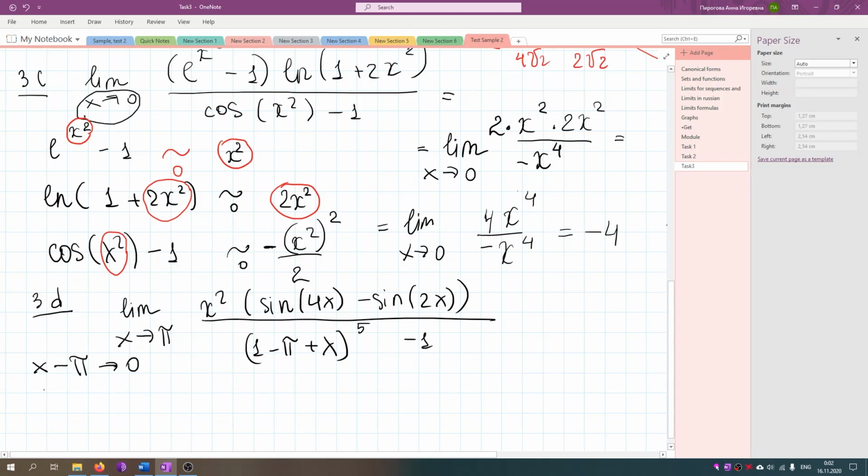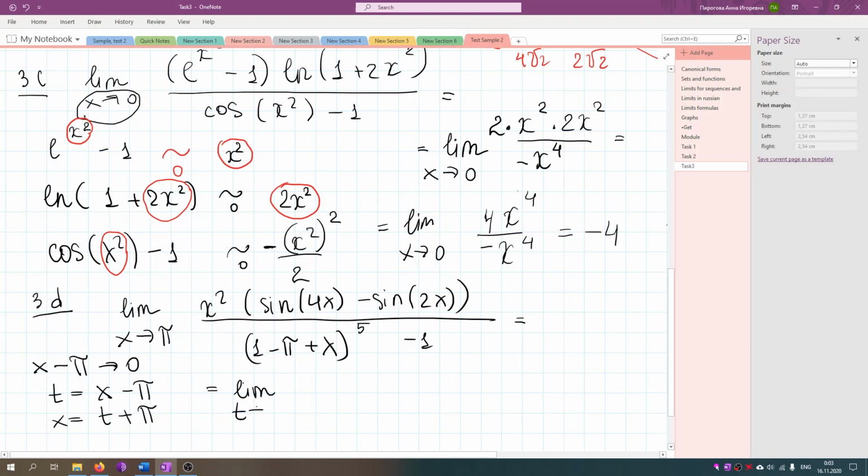So let's take the new variable t is equal to x minus pi, and in this case x will be equal to t plus pi. And now we need to rewrite our limit with respect to our new variable t.